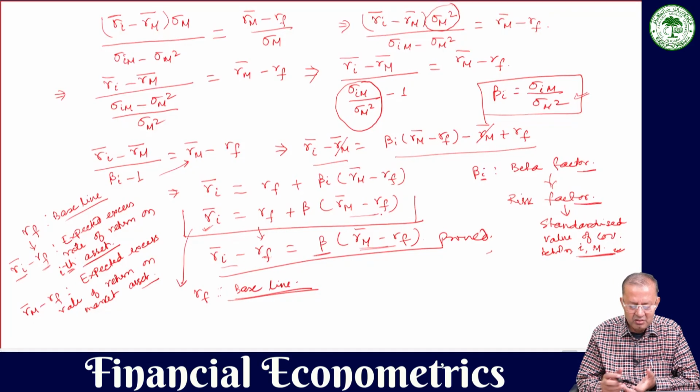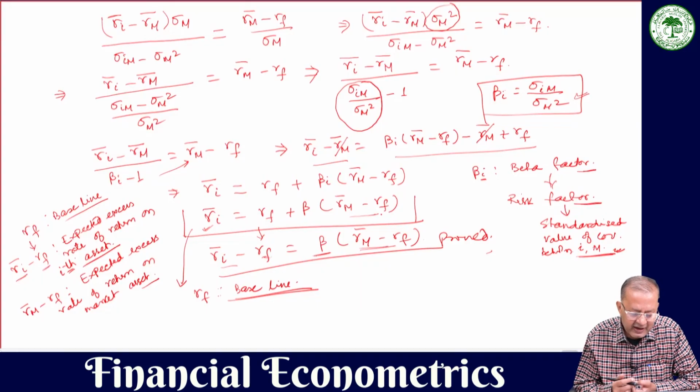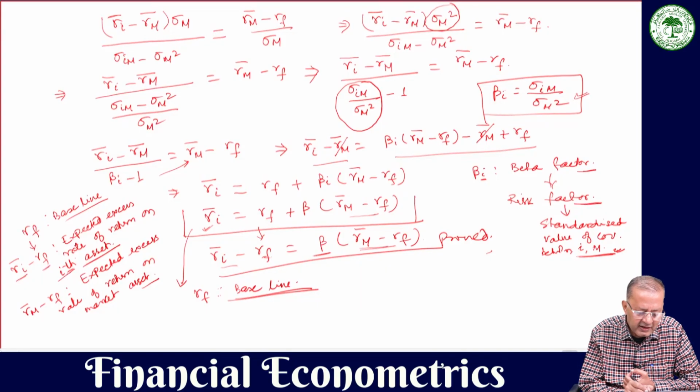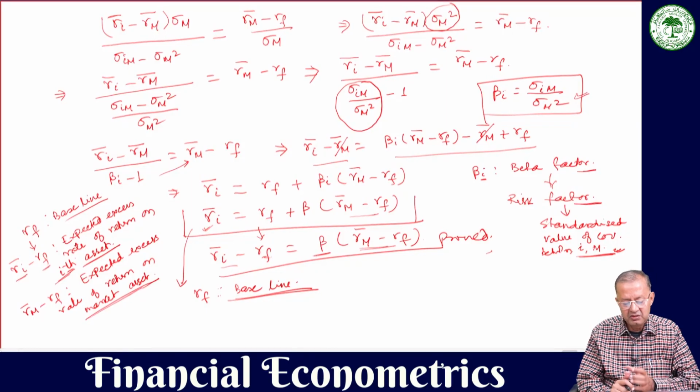This may be called the premium on the ith asset, and this the premium on the market asset. Whatsoever you get in excess of the fixed return on the fixed asset will be called the premium on that particular asset.